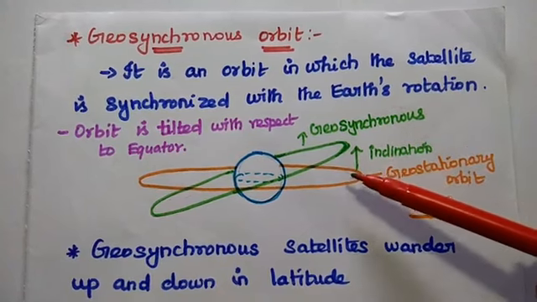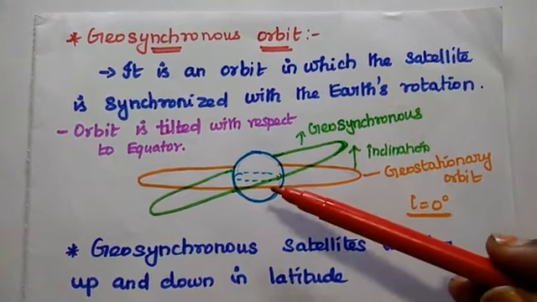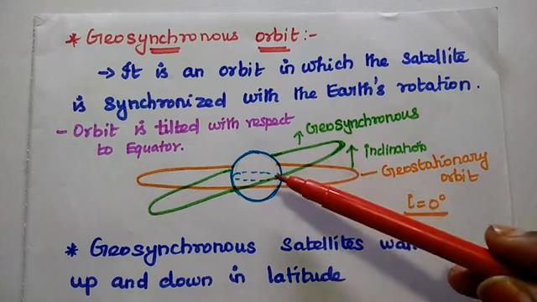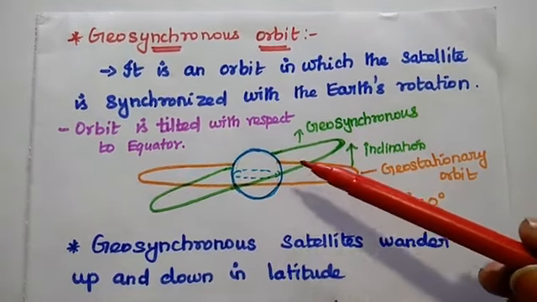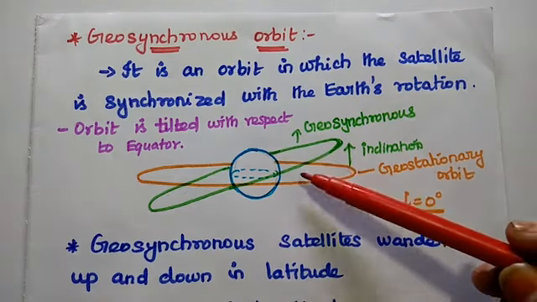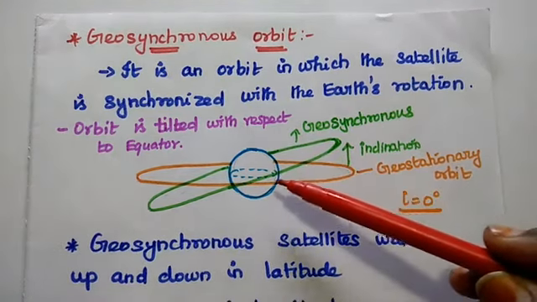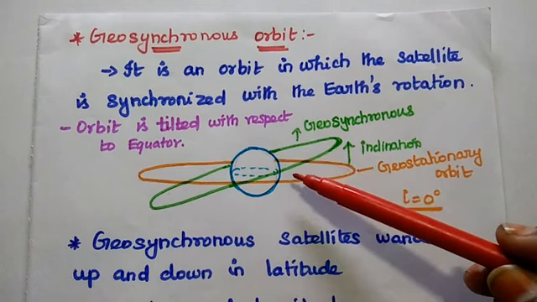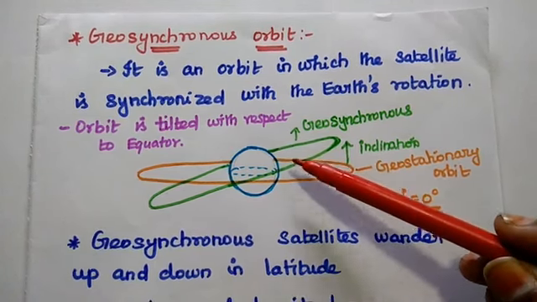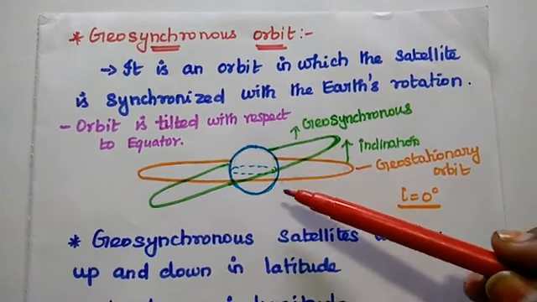So here it is an orbit in which the satellite is synchronized with the Earth's rotation. That means the satellite orbits the Earth at exactly the same speed as that of the Earth. But there is one change. The orbit is tilted with respect to the equatorial plane of the Earth.